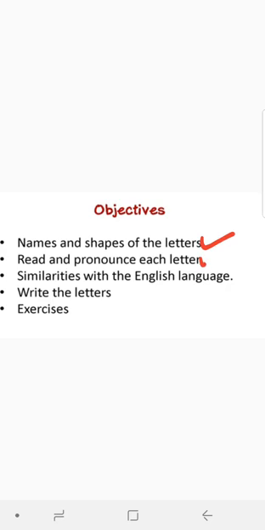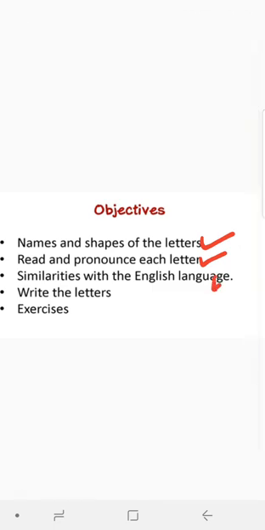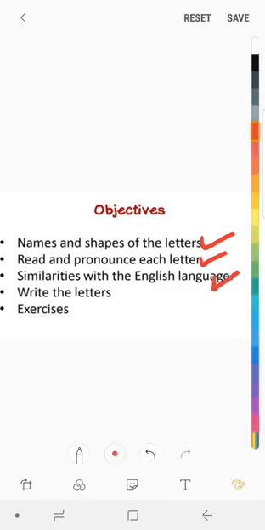And secondly, we should be able to read and pronounce each letter in the proper way, with proper pronunciation.